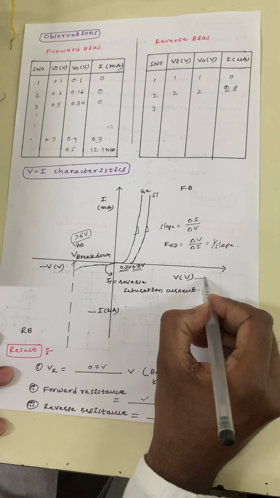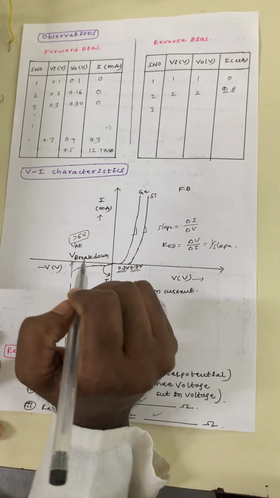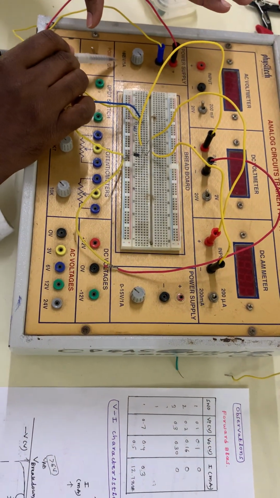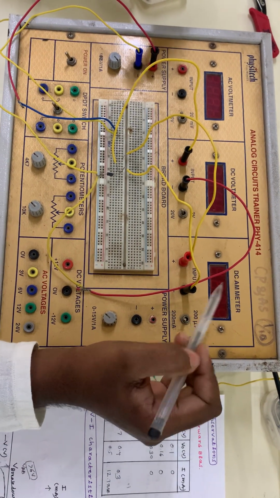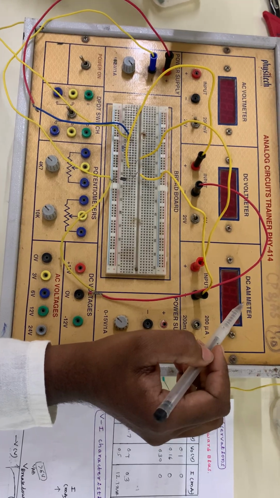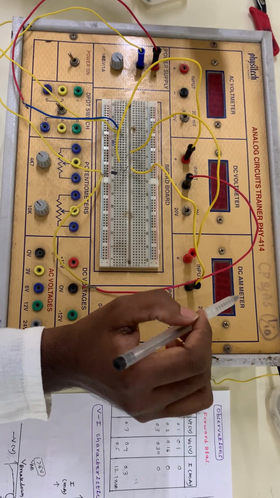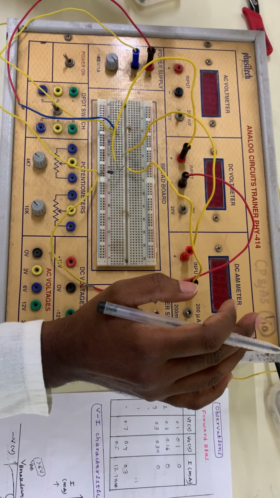On the x-axis take voltage, on the y-axis take current. The applied voltage you take on the x-axis, and the value you obtain you take on the y-axis. So this is the procedure to find the VI characteristics of a junction diode.